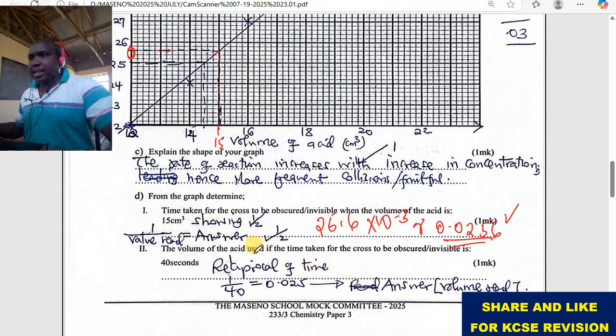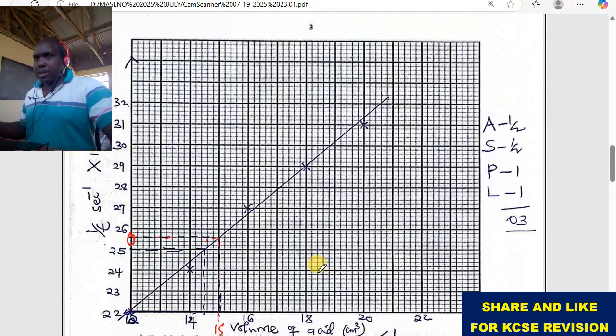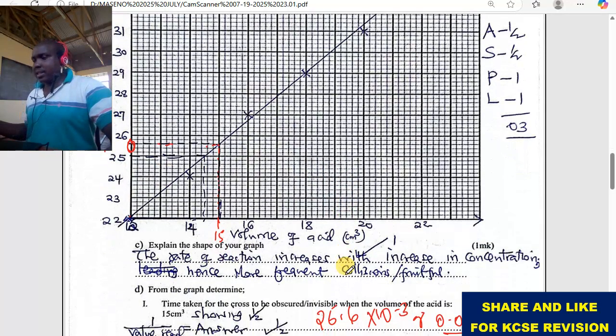The volume of the acid used if the time taken for the cross to be obscured is 40 seconds. If the time is 40 seconds, what will it be? So first get the reciprocal of 40 seconds, which is 0.025.